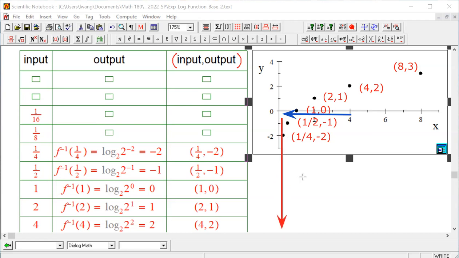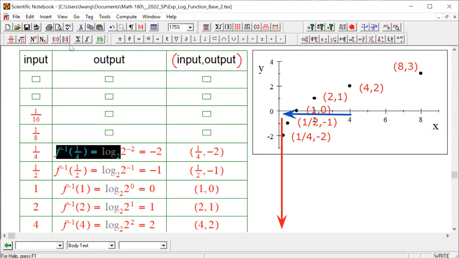Okay. All right, let's see if that's true. So let's apply the function, right, for 1/8.